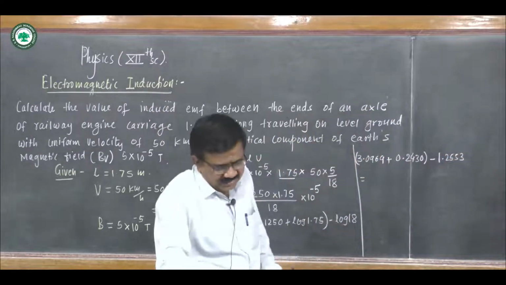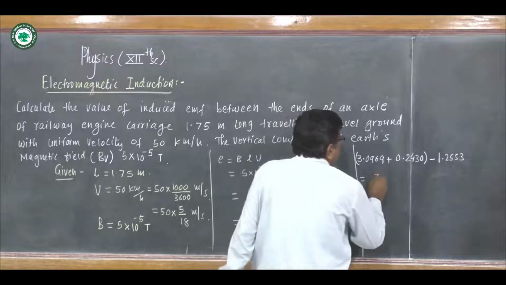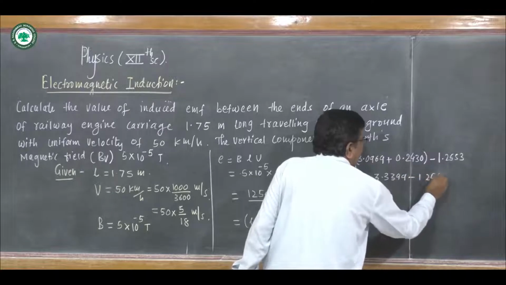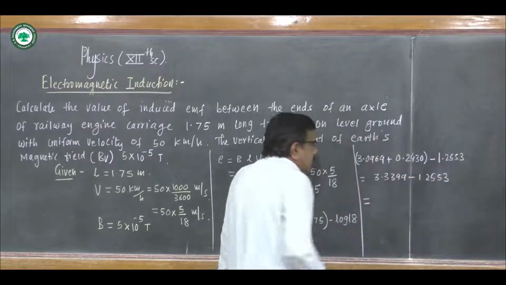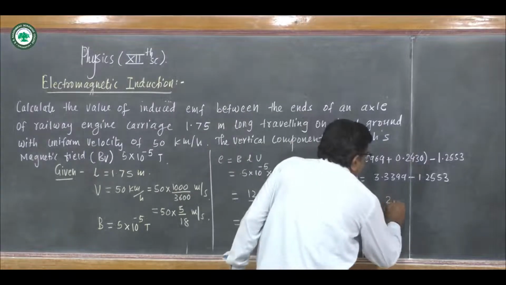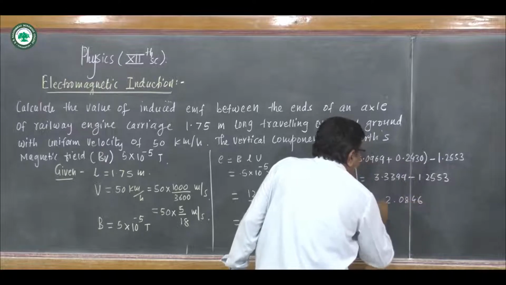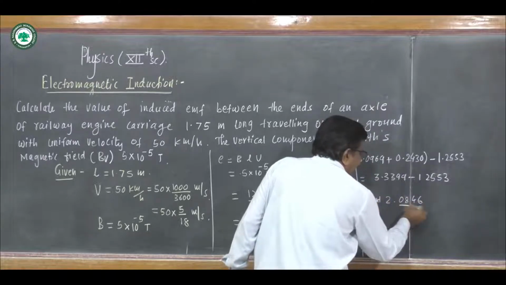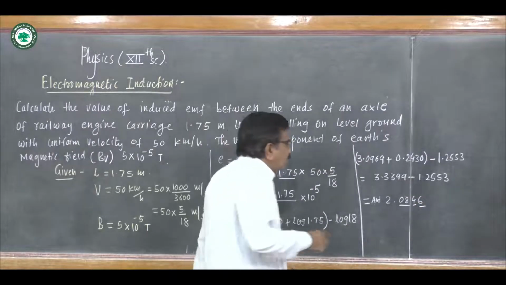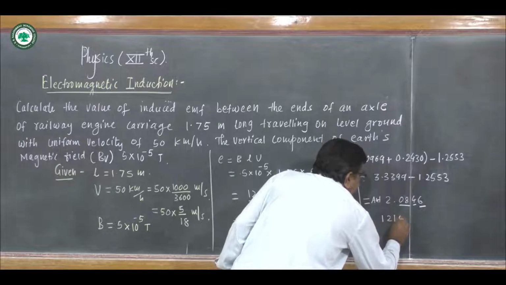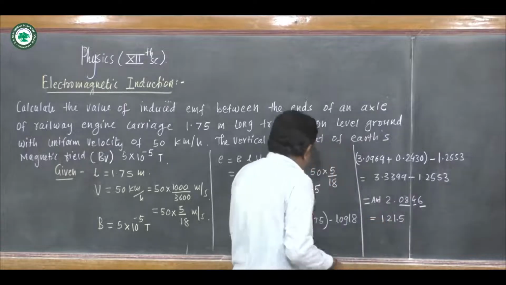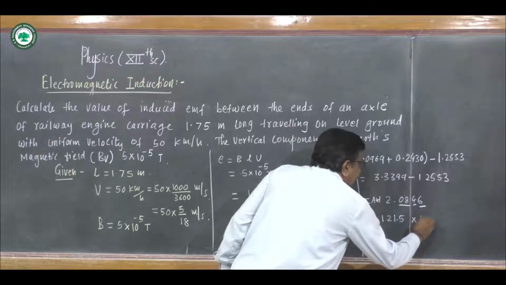Addition of the first two is 3.3399, minus 1.2553. Subtraction of these two is 2.0846, and we find the antilog of this. The antilog is 1215, but here there is 2, so 121.5, and already there is 10 raised to minus 5.